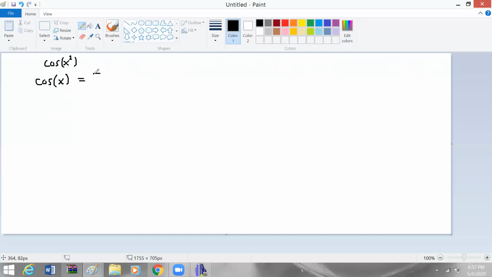So we know the cosine of x is the sum from 0 to infinity of -1 to the k times x to the 2k, divided by 2k factorial. Okay, so divided by 2k factorial for that part. Let me just rewrite the term.